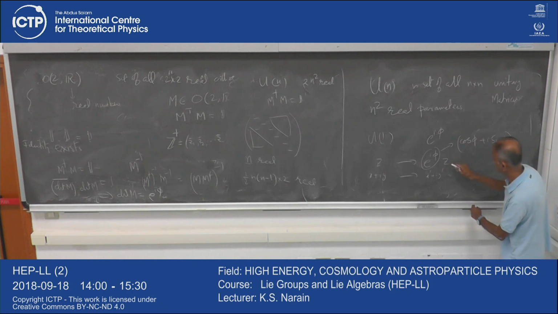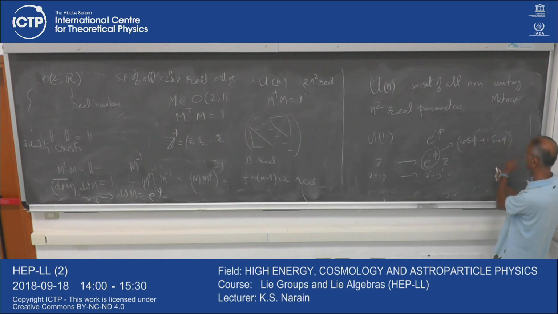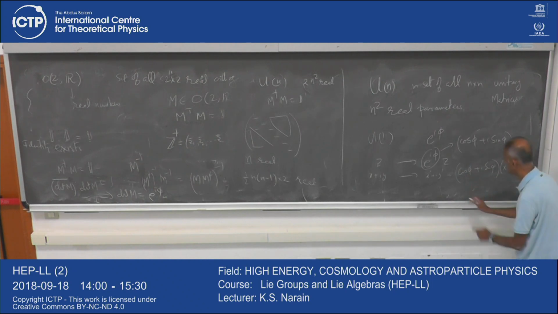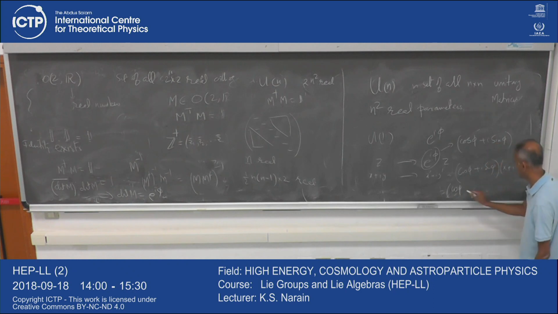So Z is x plus i y. Just multiply this out. Let me write it explicitly: cosine phi plus i sine phi, times x plus i y. But then let's again separate into real and imaginary parts. The real part is cosine phi times x, and there's an i squared, which is minus.